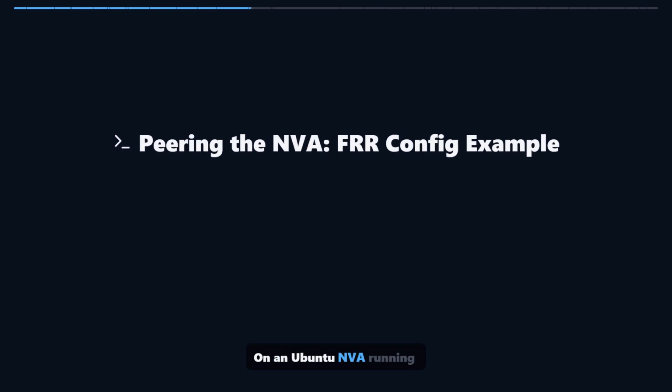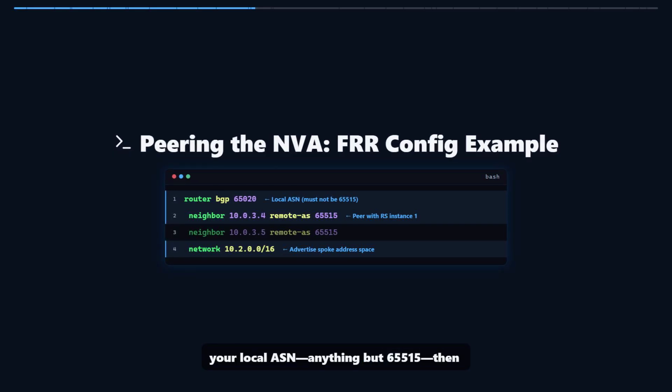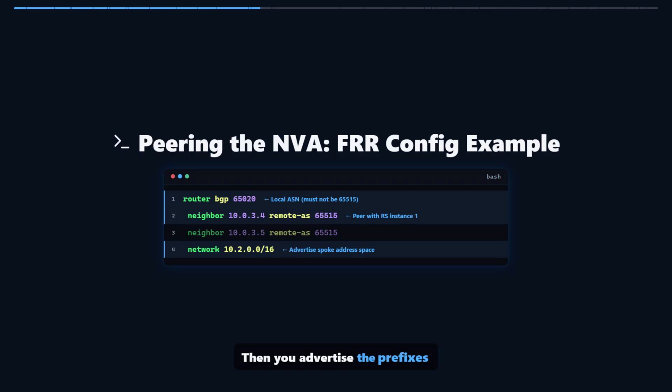On an Ubuntu NVA running ExpressRouting, the BGP config is under 10 lines. You define your local ASN, anything but 65515, then set up two neighbor statements, one for each route server peer IP, with remote-as 65515. Then you advertise the prefixes you want to represent, like the spoke address space.